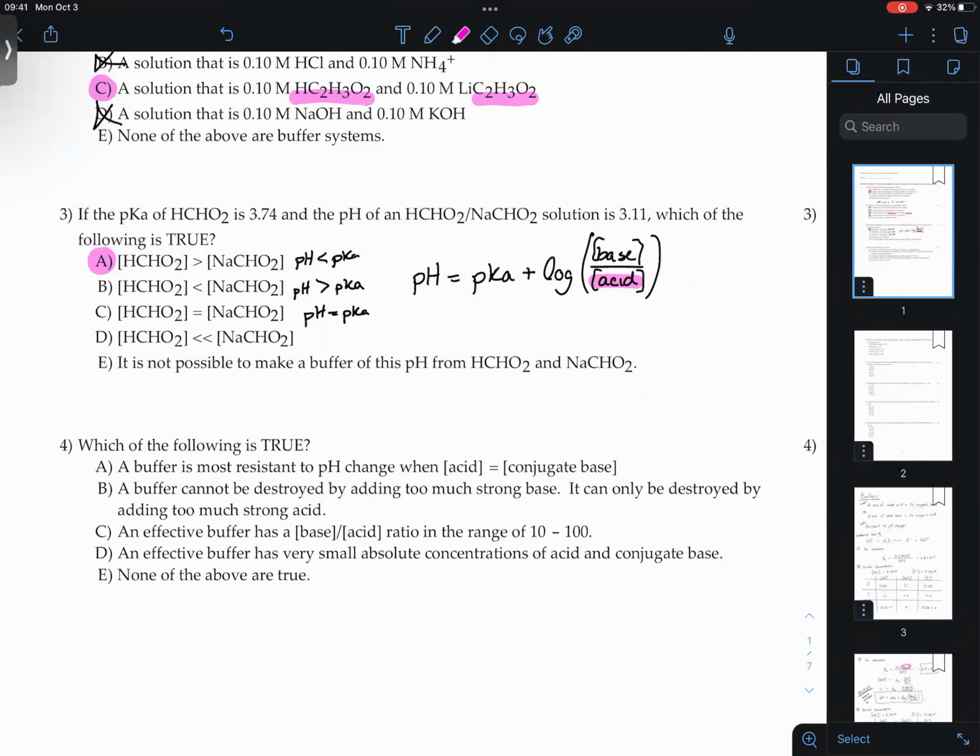All right, so a buffer does the best job at being a buffer when the concentration of acid is equal to the concentration of conjugate base.